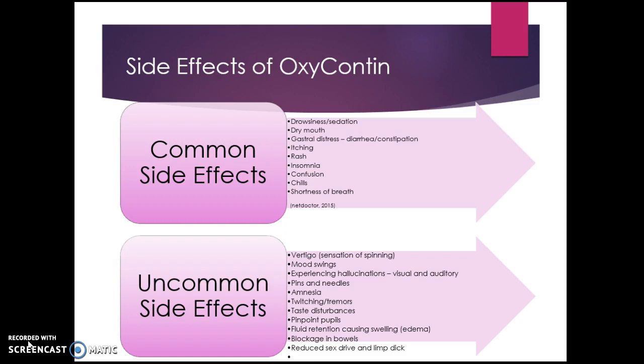Some uncommon side effects would be vertigo, which is a sensation of spinning or loss of balance, mood swings, hallucinations like visual or auditory, pins and needles, amnesia, twitching or tremors, taste disturbances, pinpoint pupils, fluid retention, like swelling in your limbs, and blockage of bowels, as well as reduced sex drive.